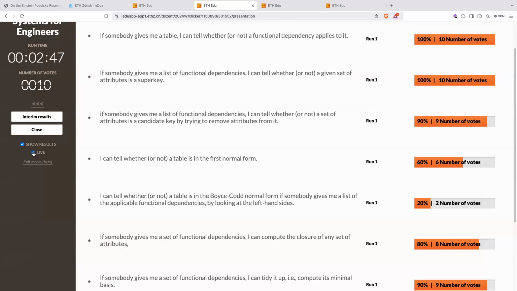Can anybody remind me, because all of you said you can spot the super keys, right? So can anybody tell me for the Boyce-Codd normal form, how can you spot if a table is in the Boyce-Codd normal form or not? Anybody remembers the definition? It's a very simple definition.